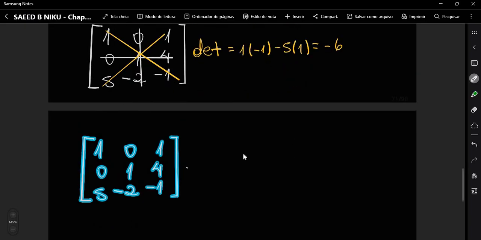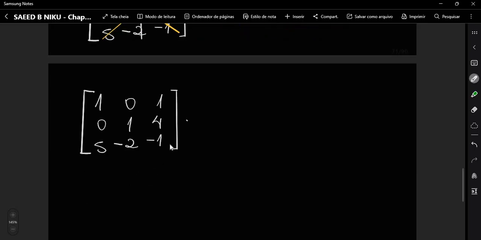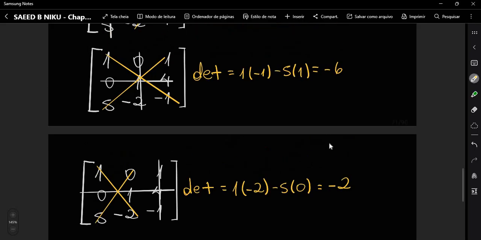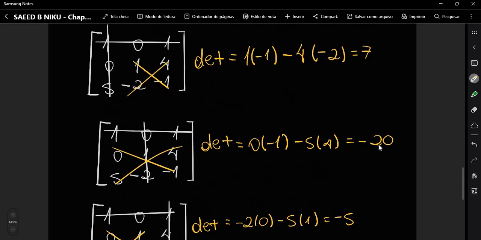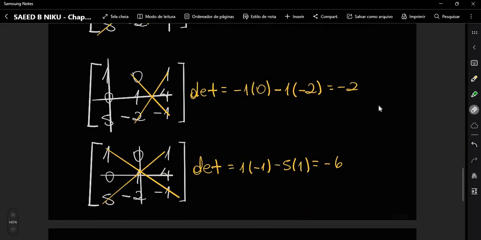And we have to repeat for all these elements. Pardon me, obviously it is 2.